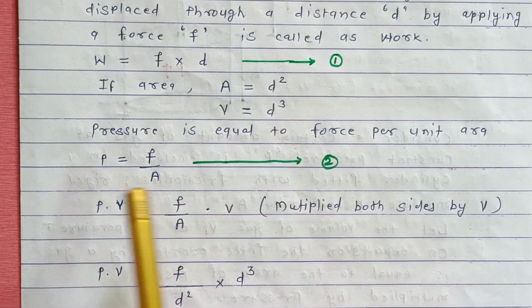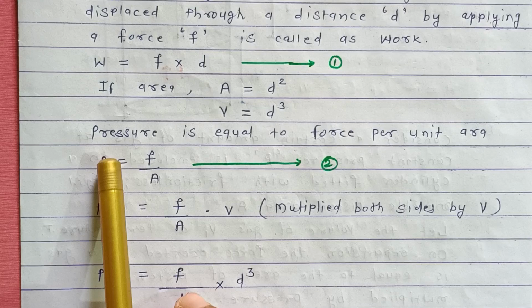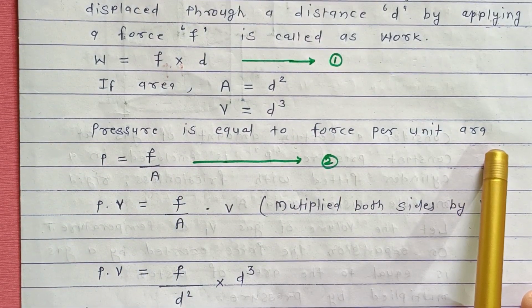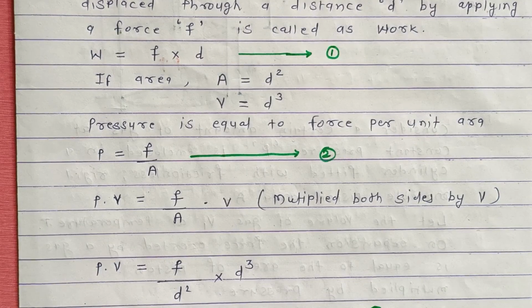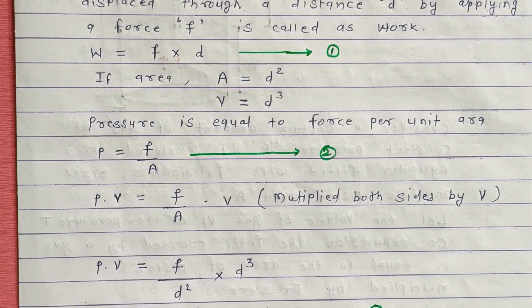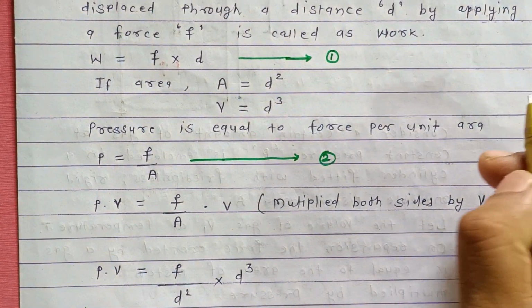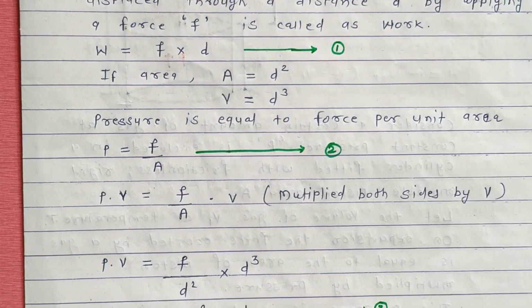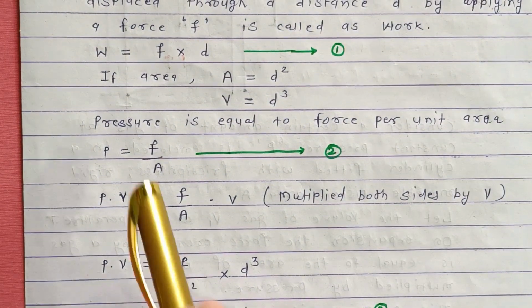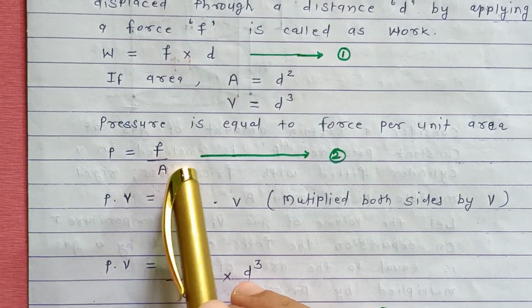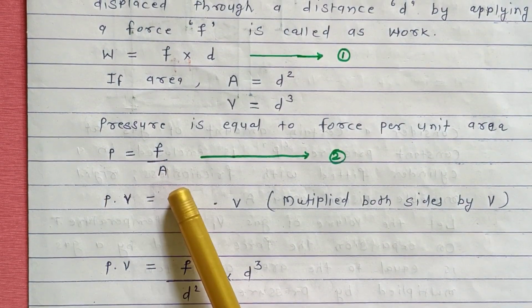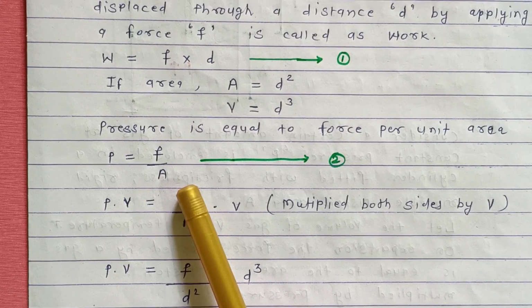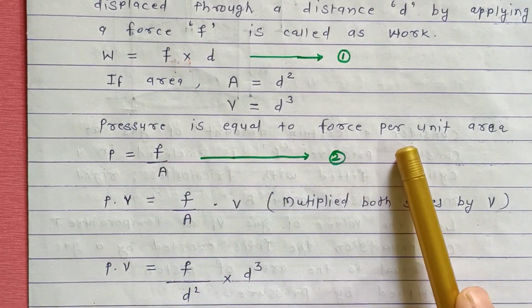Okay. Now we are moving to the definition of pressure. Pressure is equal to force per unit area. So P is equal to F upon A, where P means pressure, F means force, divided by A, that is area. That is called pressure.